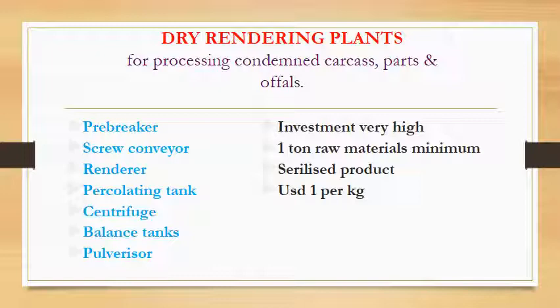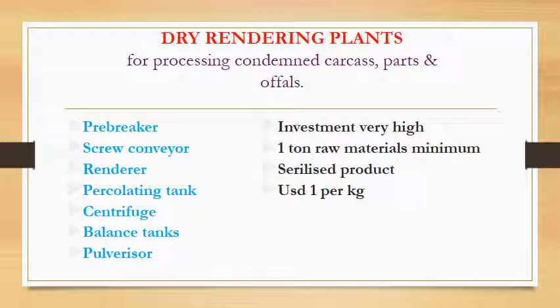It has several units like a pre-breaker to break the whole thing into smaller parts, then a screw conveyor, a renderer which is the main cooking vessel like an autoclave, then after cooking it is transferred into a percolating tank, then a centrifuge which is used for separation of the fat, then a balance tank where the separated fat is stored, then a pulverizer, a mill for grinding.